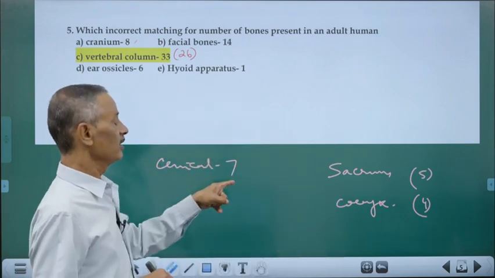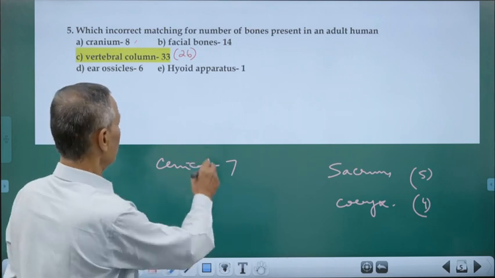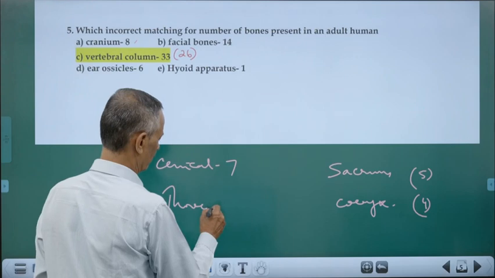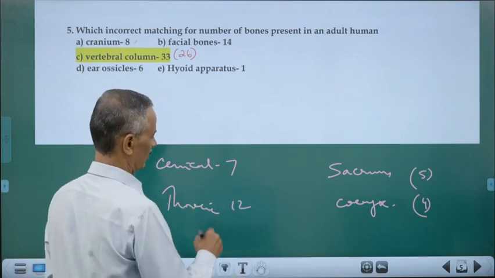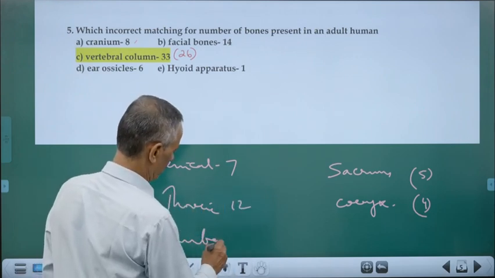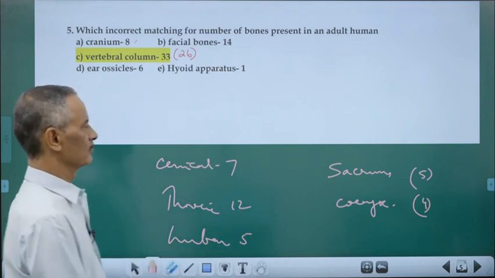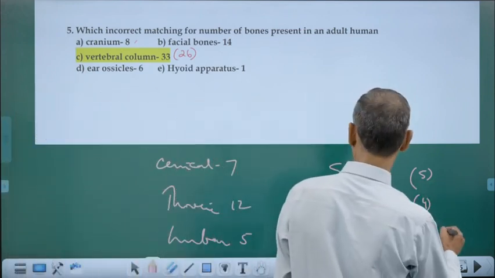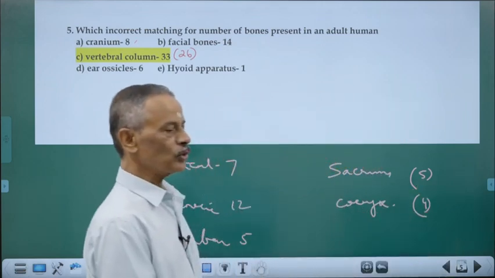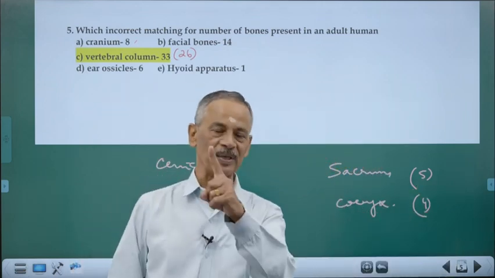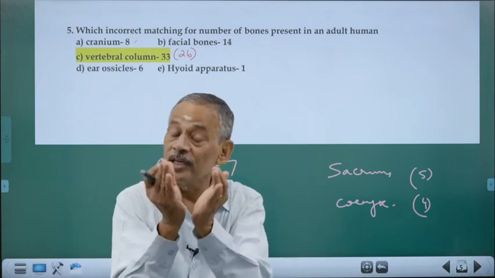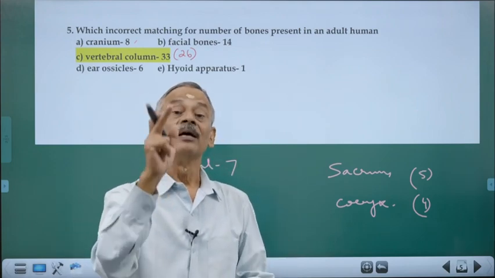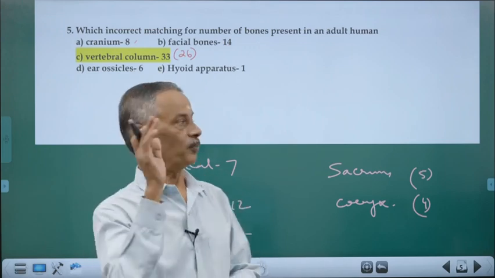Generally, we are having 7 in man, also 7 cervical, thoracic, 12 pairs, lumbar, 5. Okay. Now, they will be completely fused. And to show that they are all fused to form a single piece in adult, we will put it in bracket. That is the typical and correct formula of our vertebral column.